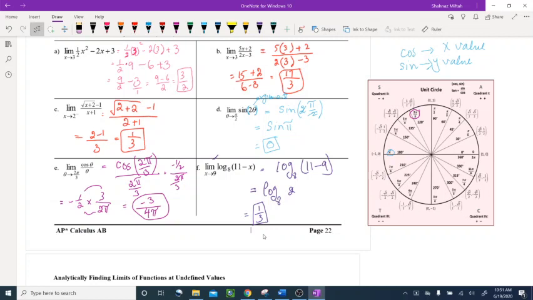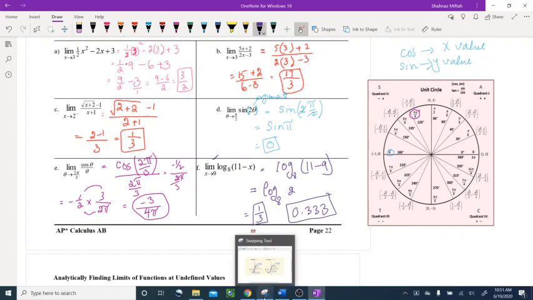It's going to give me 0.33333, so 0.333, like I said, 3 decimal places. So you're good.